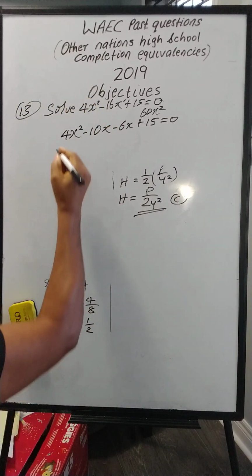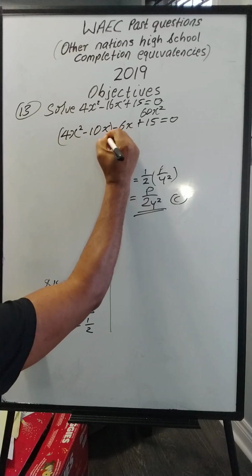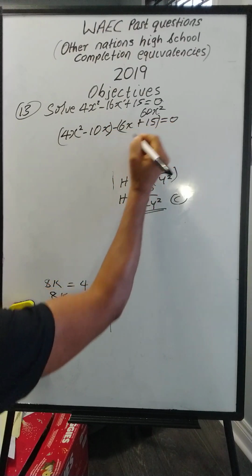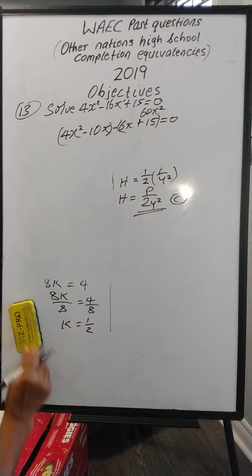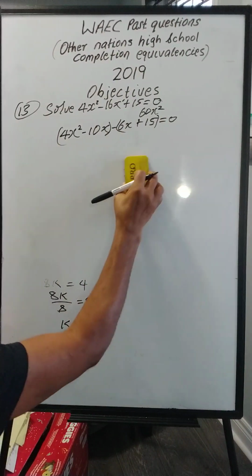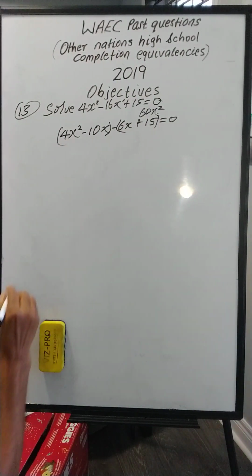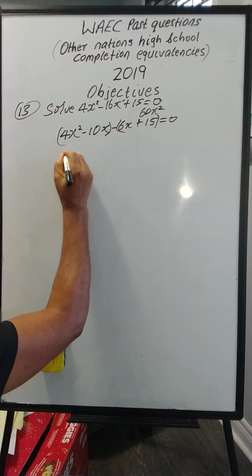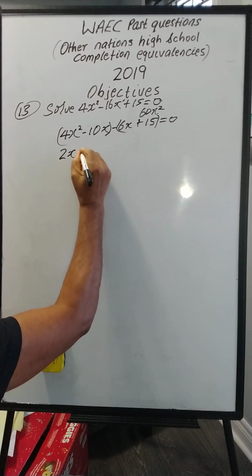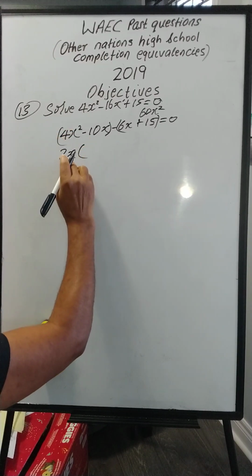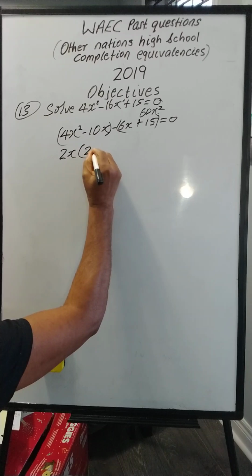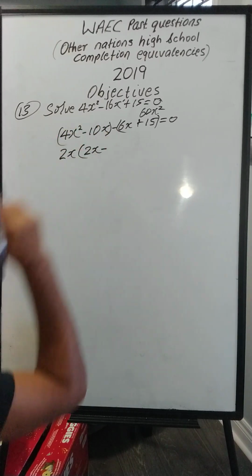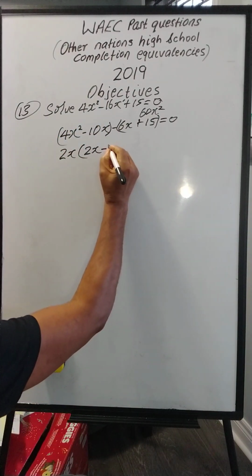We have found the two factors. We group in twos. And then we find what is common in each of the brackets. What is common here is 2x. 4x squared divided by 2x will give us 2x, and 10x divided by 2x will give us 5.